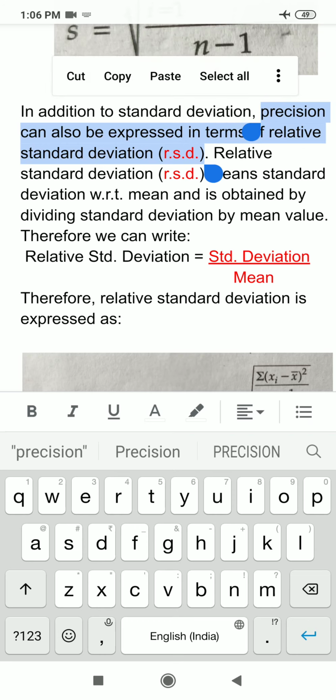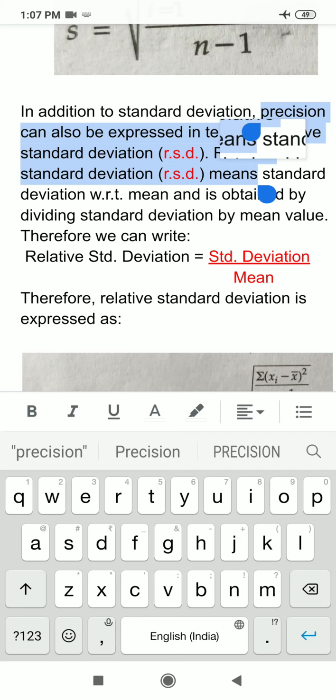Standard deviation को हम relative term में भी express कर सकते हैं, and relative here means, as I told you, relative average deviation. When I defined relative average deviation, I told you that average deviation is expressed with respect to mean. So if I wish to write relative standard deviation, then I mean to say that standard deviation is expressed with respect to mean. So that becomes relative standard deviation.